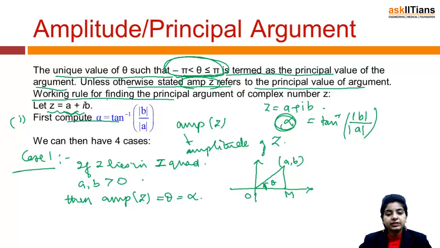That means the first case says if z lies in the first quadrant and this is my AB, the complex number a plus ib, that is this is my ordered pair AB, and it makes the angle theta with the x-axis, then the amplitude of z is equal to theta, which is in turn equal to alpha, and alpha is what we have calculated, that is tan inverse of modulus of b by modulus of a.